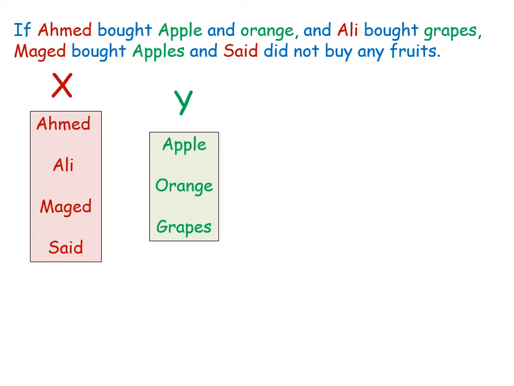I only want to illustrate what happened in the relation, what happened in the buying process. So I only have Ahmed bought apple and orange. Ali bought grapes. Majid bought apple and Said didn't buy anything. So this is the arrow diagram of the relation, not the arrow diagram of the Cartesian product.